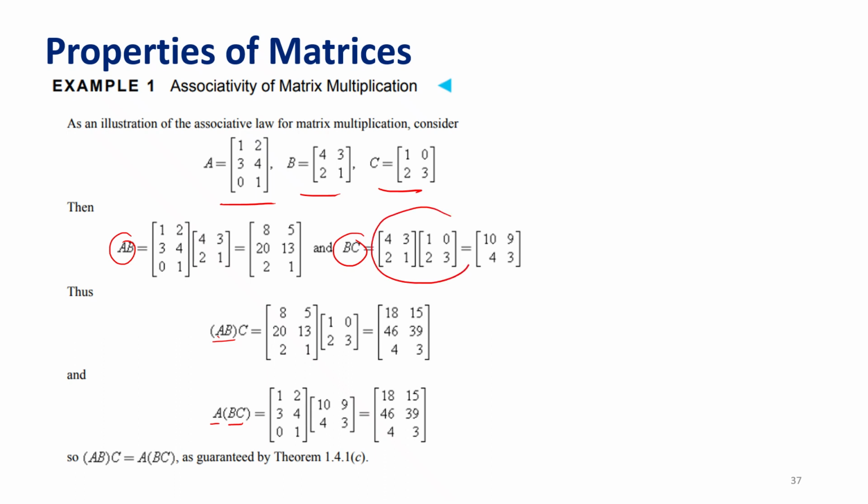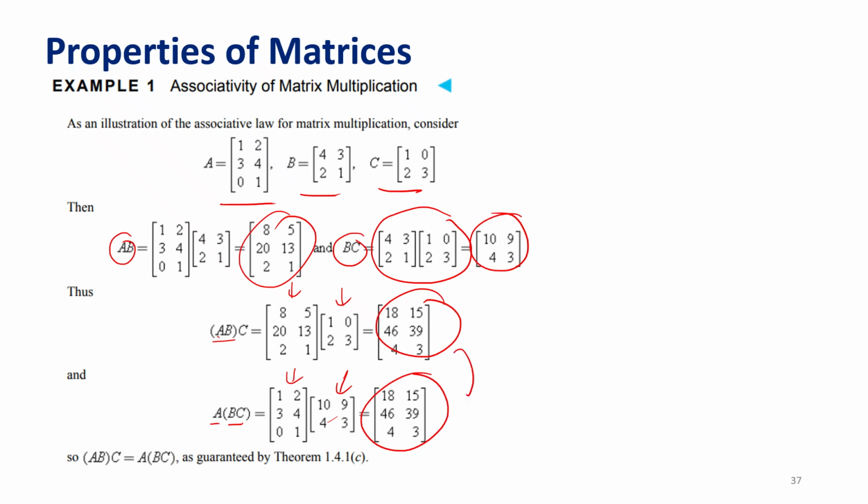So this is BC, this is AB. This value multiplied with C later on is equal to this. And if you do B with C first and then multiply with A, you get the same value here. Same.